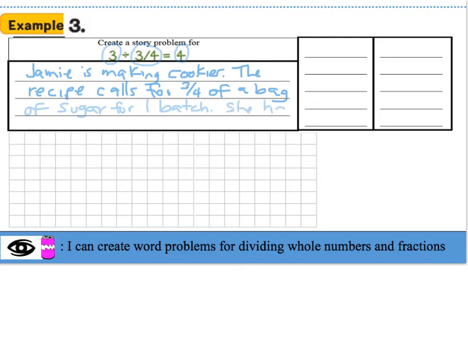She has a total of 3 bags. Now remember, total, that's the dividend, and I'm using the same number.